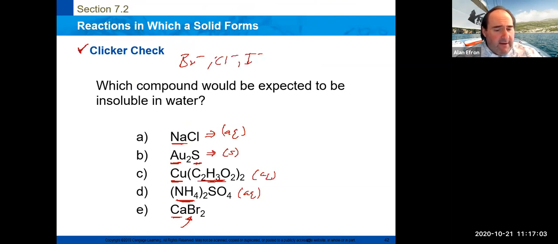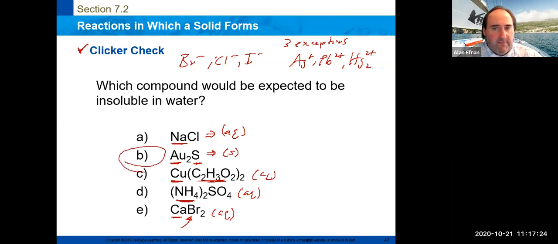They are soluble in everything, but there are 3 exceptions: silver, lead, and mercury. In this particular case, that is none of them, so this would still be soluble. So it looks like B should be our right answer in terms of which one should be insoluble or make a solid. Any questions on how to dissect those?